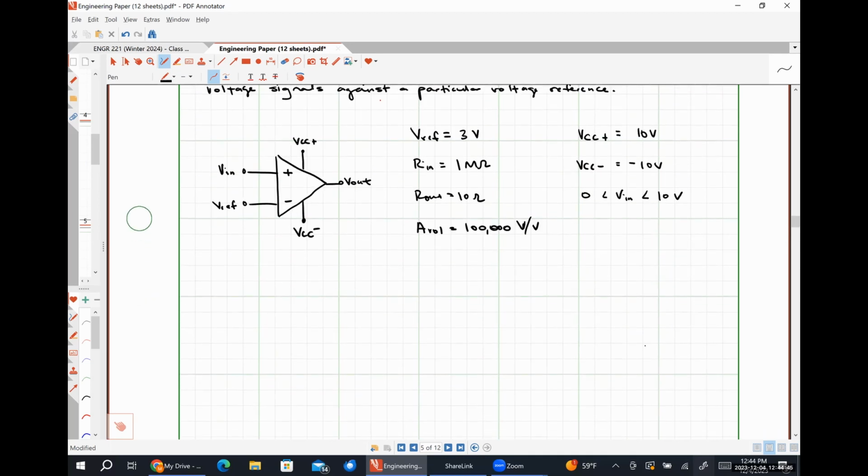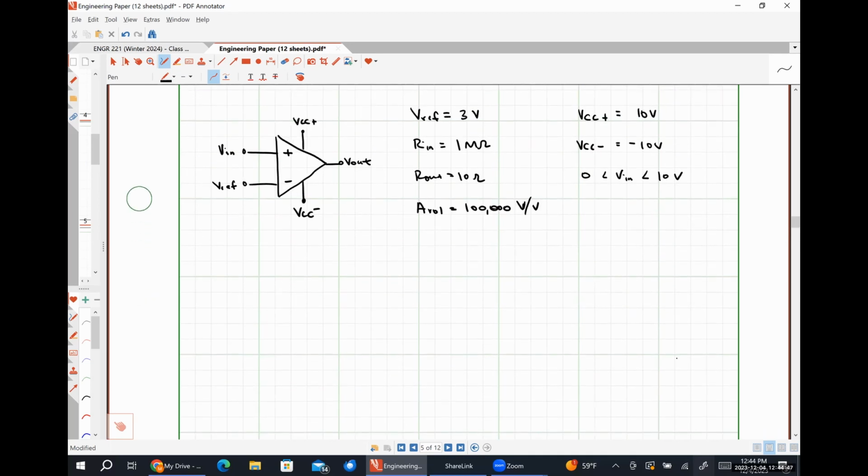So I'm going to draw my practical op-amp model. So this is my V plus pin. Here's my input resistance of 1 mega ohm. Here's my V minus pin.